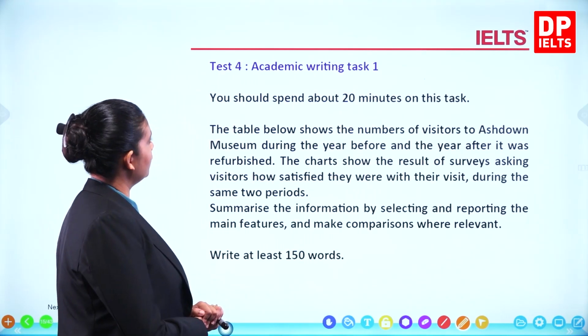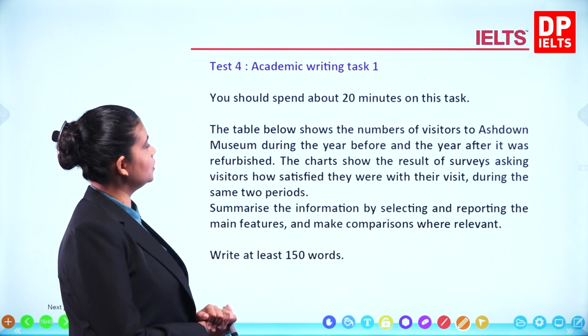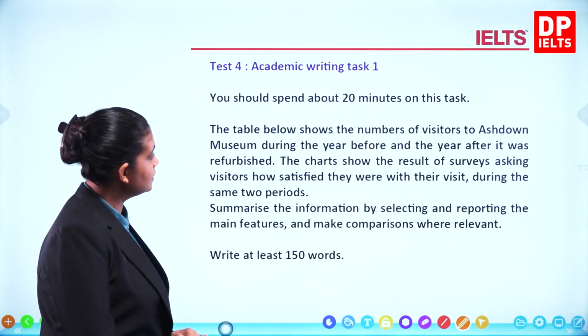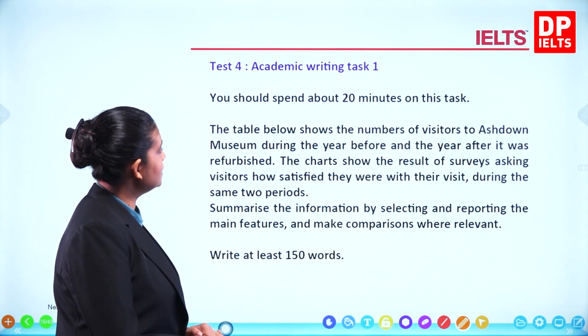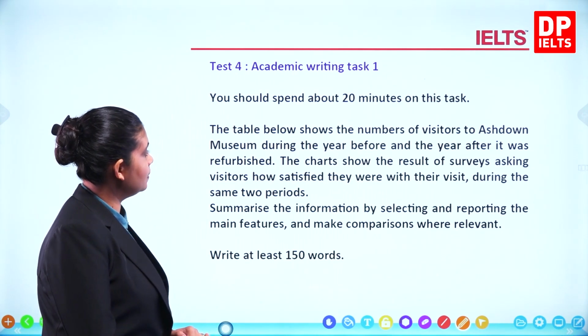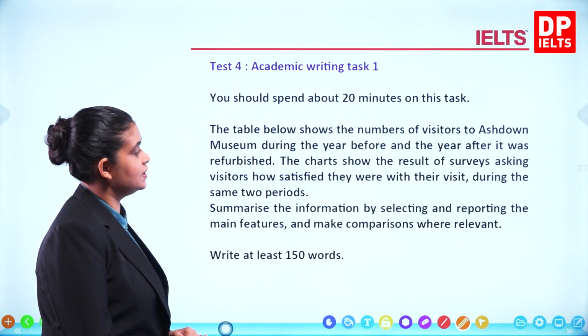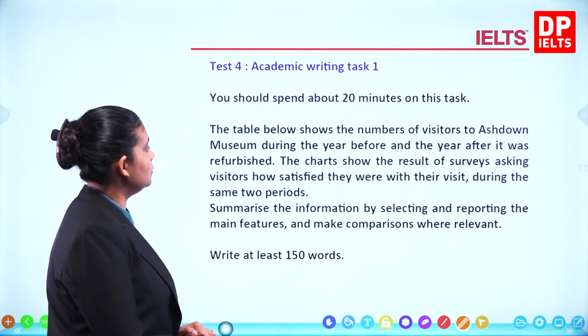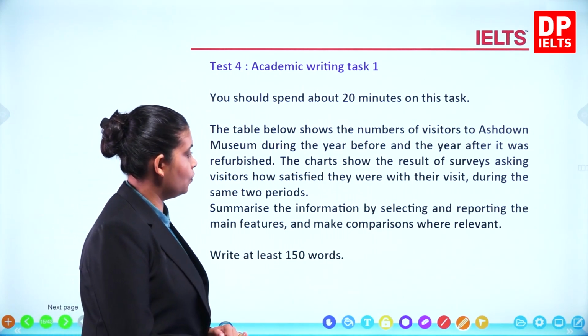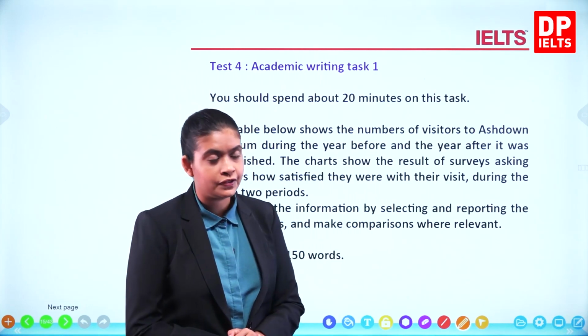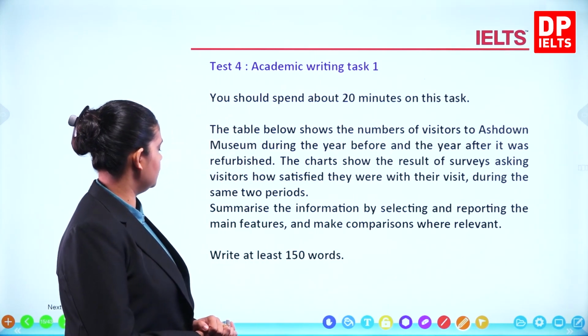Alright, so we're coming into the last test, which is there for academic students, right? And in this test, you have a table which shows the number of visitors to Ashdown Museum during the year before and the year after it was refurbished.